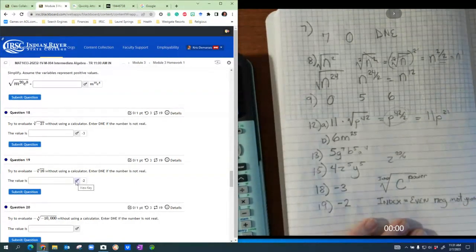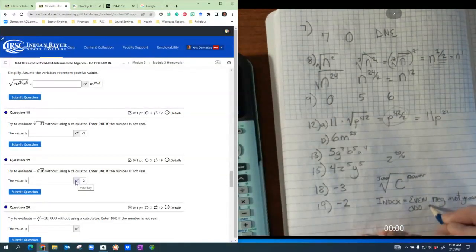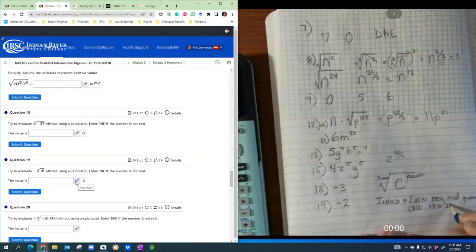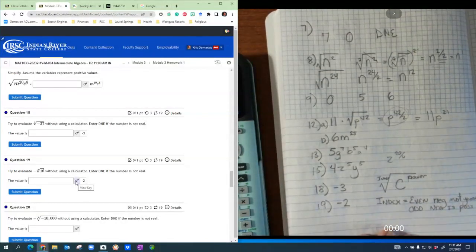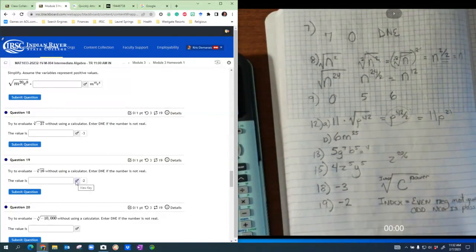It don't matter. Not possible. Odd, negative, is possible. Okay? So we have that. Okay? Just wanted to make sure that you have that written down somewhere.